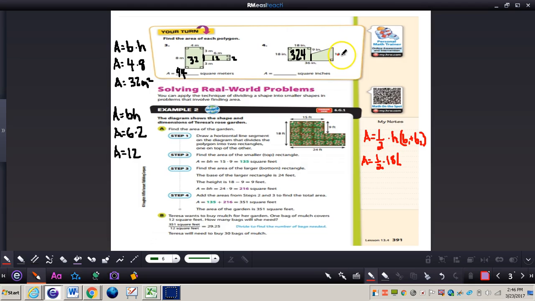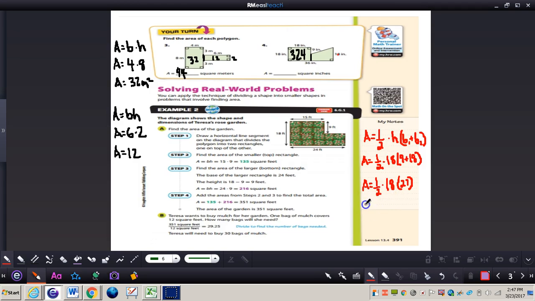Okay, so one of our bases here, we can see that's 9 inches from there to there, so that's going to be 9 inches here as well. So it's going to be 9 plus base 2, which is 18. Now what we can do is work the problem out. Area equals 1/2 times 18 times 27.